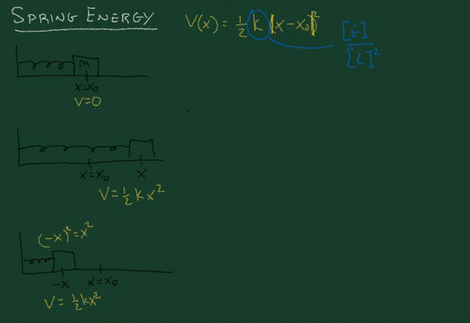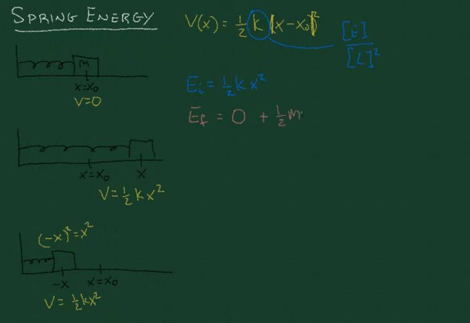So if we call this our initial energy, when we stretch the spring, it's 1/2 k x squared. Then let's say we look at it when it's moved back to its equilibrium position. For our final energy, we have no potential energy, but we'll have some kinetic energy.